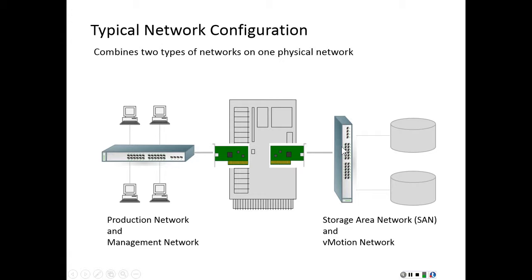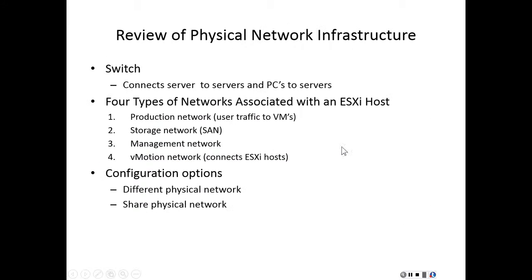To review, a switch connects servers to servers and workstations to servers and everybody to the internet. And four types of network traffic include production traffic, which is user traffic, storage area network traffic, management traffic, and vMotion traffic.